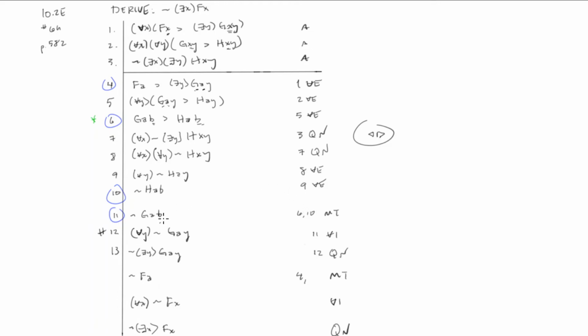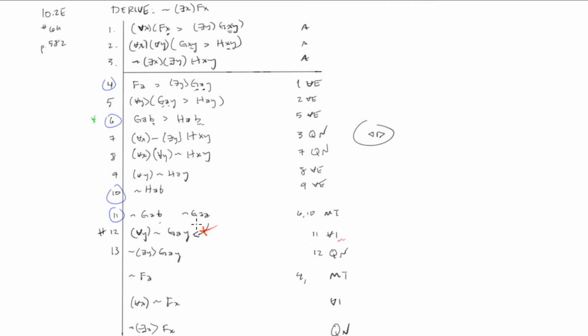And thank goodness we did that, because if we had instantiated to the name A, if we had put an A in there, we'd have tilde GAA. And then we could not get to what we want, because we would be violating one of the restrictions on universal introduction.